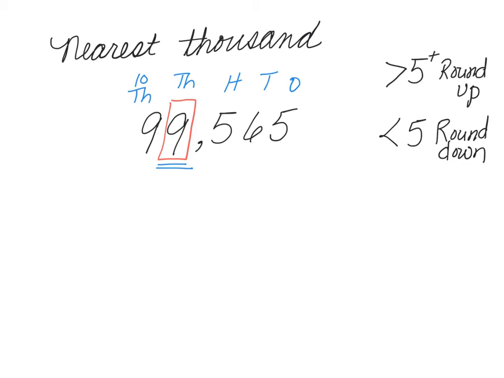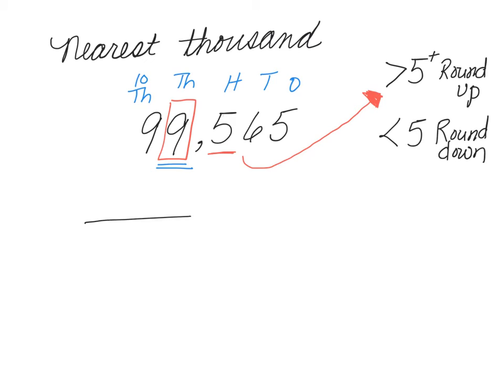So I'm going to again look at the digit to the right. I'm reminding myself that this digit is a 5. And if my number is 5 or up, I'm going to round up. If it is less than 5, then I will be rounding down. So I'm going to be rounding a 9 up. Oh boy, how am I going to do that?